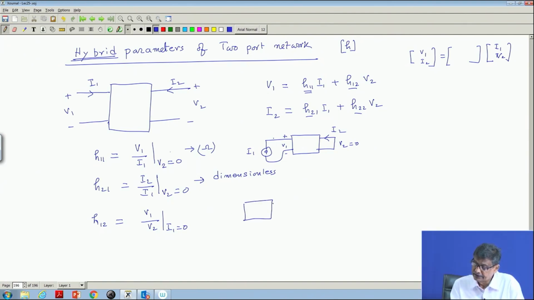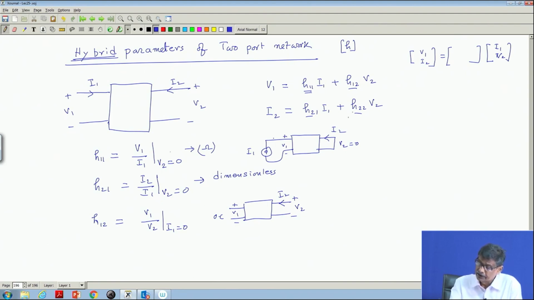You excite the second port, the output port, with a voltage V2, this current is I2, but keep the input open-circuited, I1 is 0, and record V1 by V2 under this condition. H12 will also be a dimensionless quantity. It tells you the ratio of the voltages of input and output port.